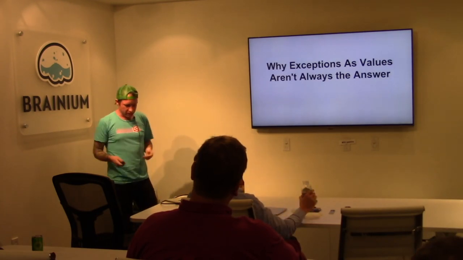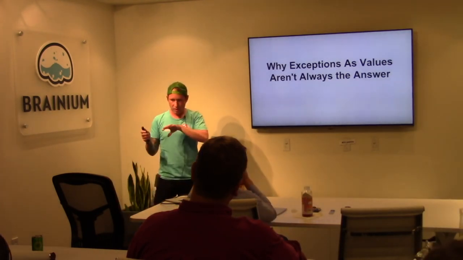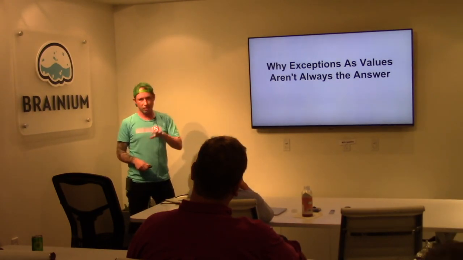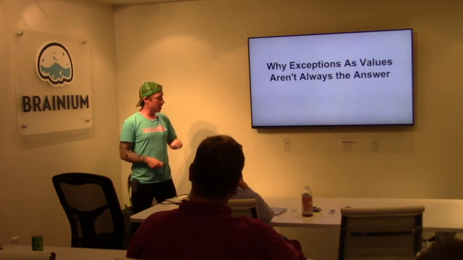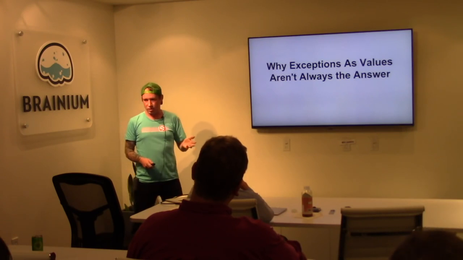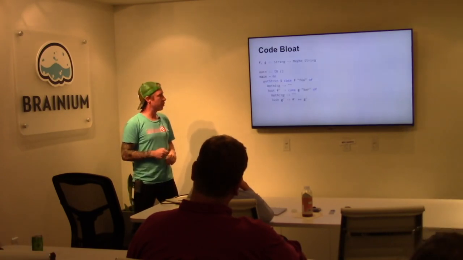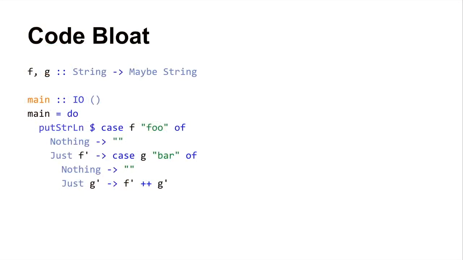Okay, so I was digging into the papers that ultimately resulted in the incarnation of exceptions that we see today in the language. They provided some justifications for why exceptions as values isn't always the way to go. One of the things they mentioned was code bloat. Let's say you've got these two functions, f and g, which are from String to Maybe String.